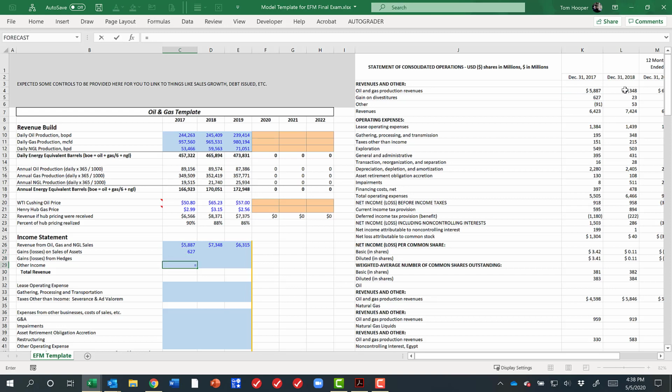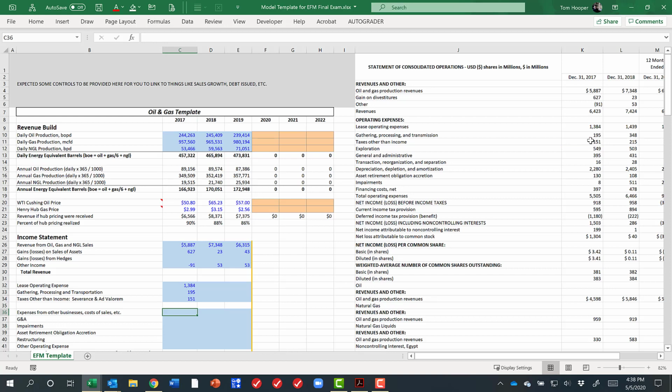We don't have hedges showing up here, so we're just going to leave that blank. Control R. Lease operating expense, that's an easy one. GP&T, that's an easy one. Taxes other than income. See, I told you you'd like this model better, this template.